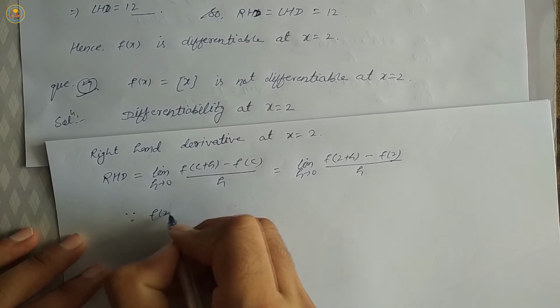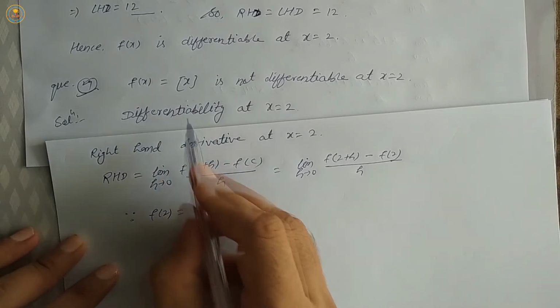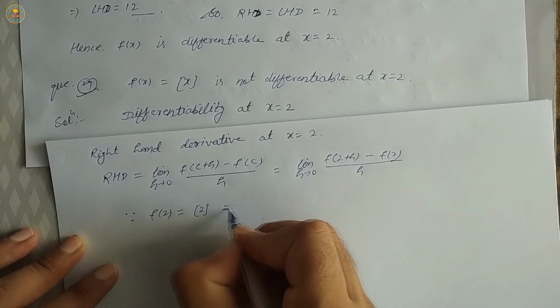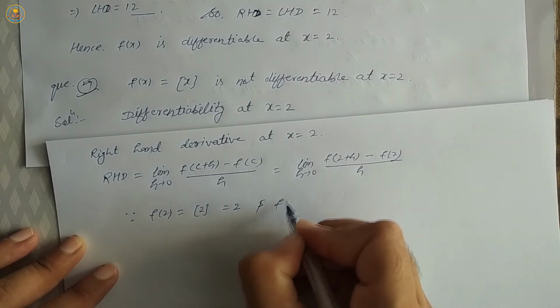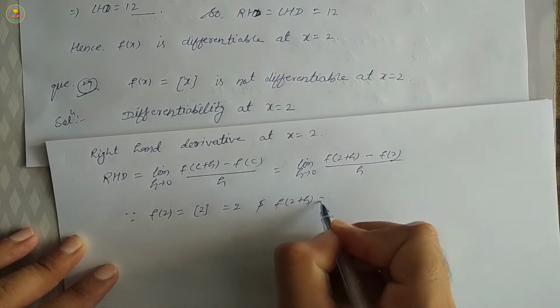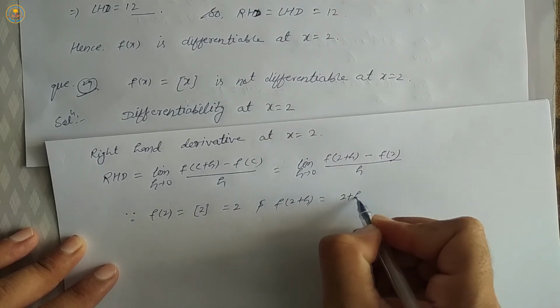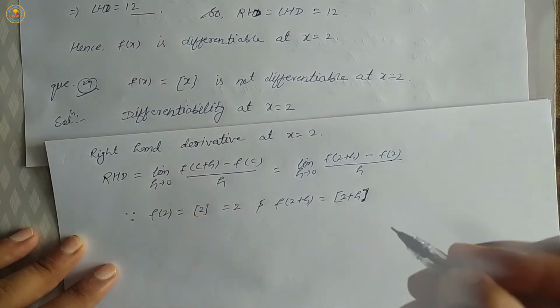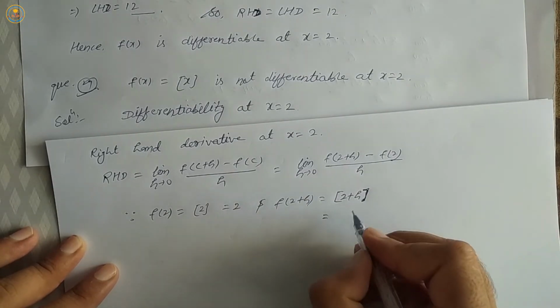Because f(2) is the greatest integer of 2, which is equal to 2, and f(2 + h) is the greatest integer of 2 + h, which is equal to 2.